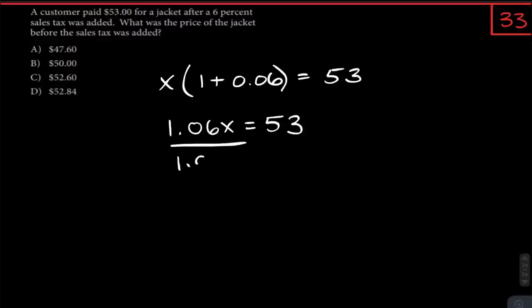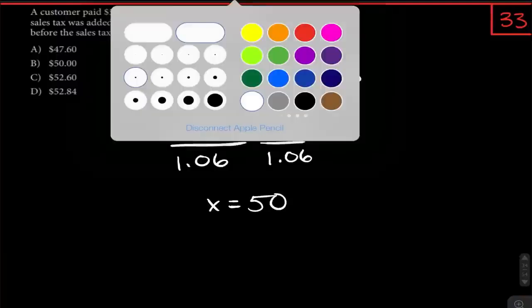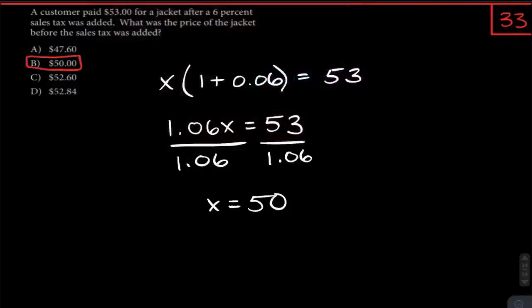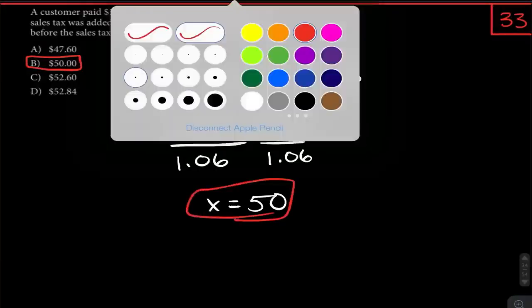And dividing by 1.06 on both sides, you get that x is equal to, and just put that in your calculator there. You get 53 divided by 1.06 is 50. Okay. And that right there is your answer for problem 33.